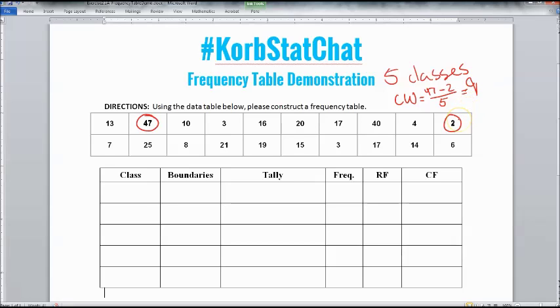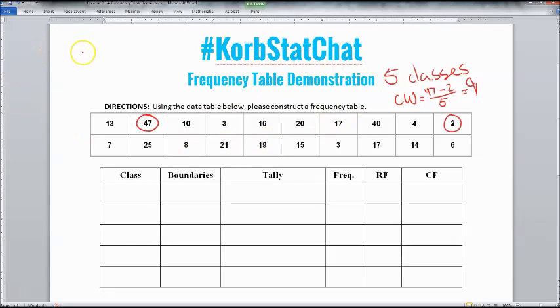Now there's an issue here. If we just use 9, our class widths are going to get thrown off a little bit. When we start listing our classes, we're probably not going to include all of our data, especially the numbers at the top end of our data set. So no matter what, always round up. If I had 9.1, I'd round up to 10. But since I have just 9, I'm still going to round up.